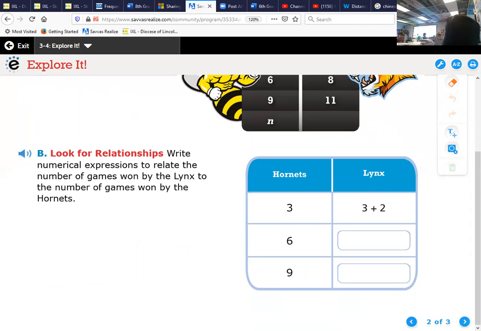Well, if we want to find out how many the lynx won, so the hornets won 3, we can find out how many the lynx won by adding 2 to it. If the hornets won 6, the lynx would still be +2, and the hornets won 9, the lynx would still be +2. And then you could figure out how many games they actually won.